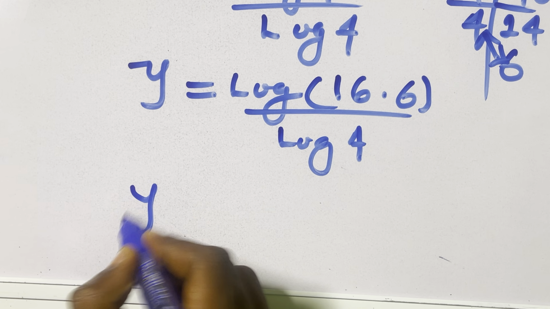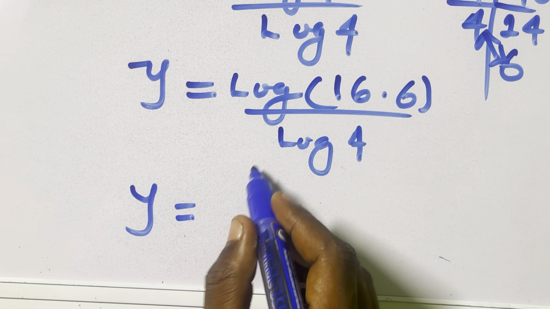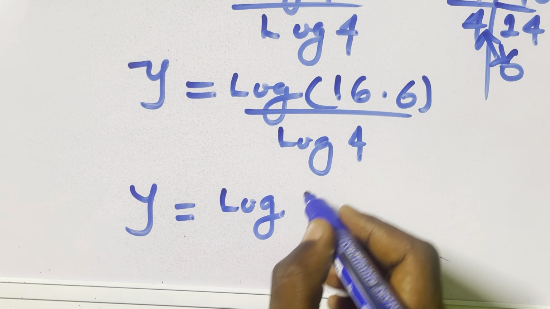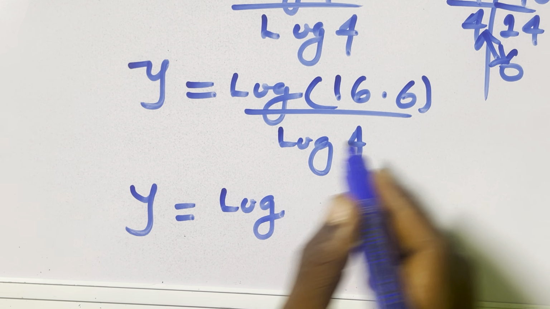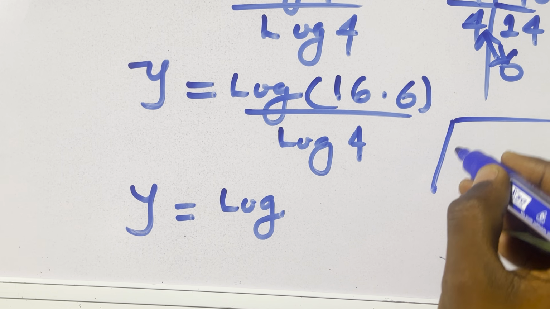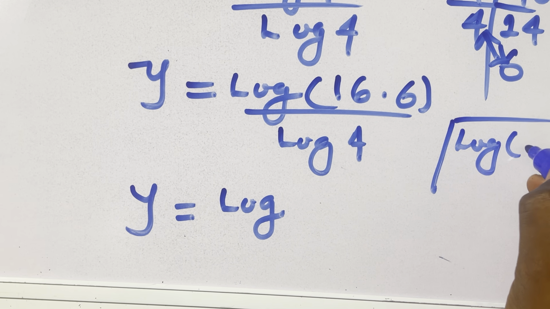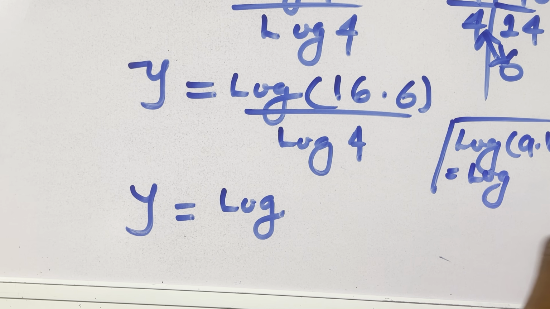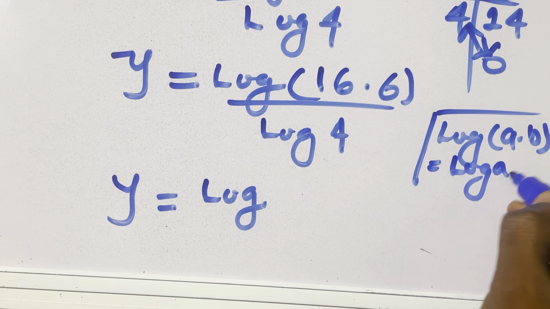So then our y will be log, and from the property of logarithm, we recall that if you have log a times b, this equals log a plus log b.